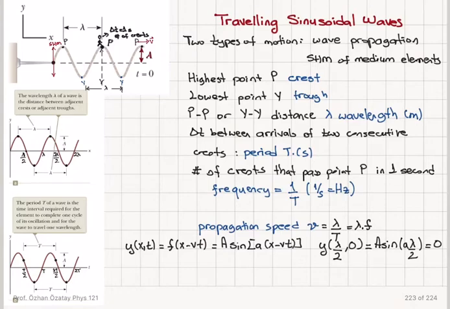The next value it can take, a lambda over 2 equals pi, gives a equals 2 pi divided by lambda. Therefore, the wave function y of x at t equals 0 is of the form A sine of 2 pi over lambda times x.